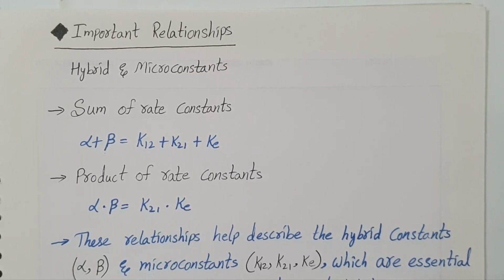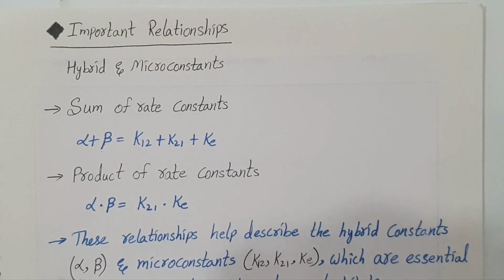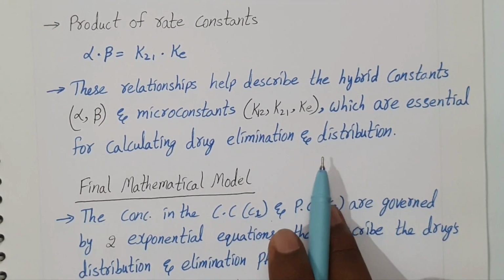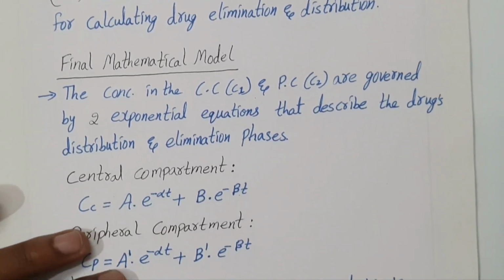These relationships convert experimental hybrid values into actual physiological micro constants. It is very essential for calculating drug elimination and distribution.